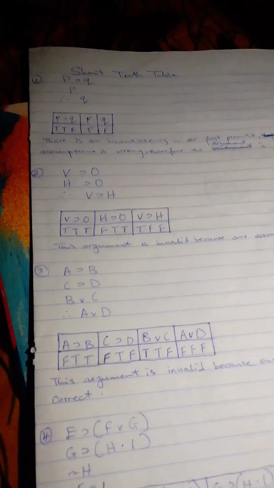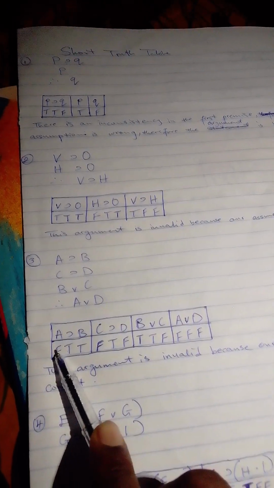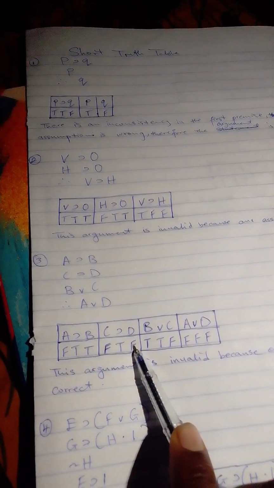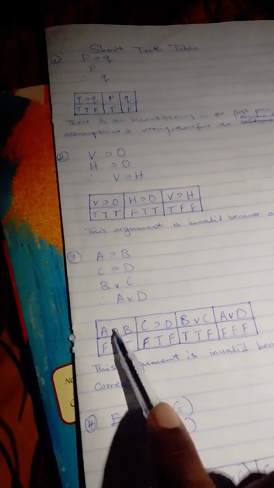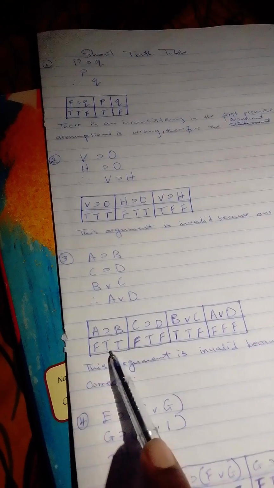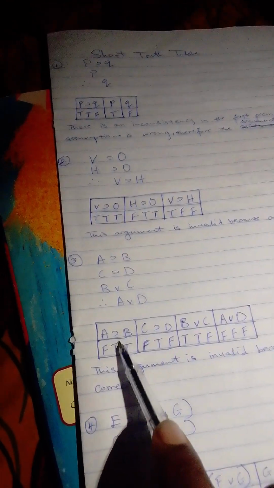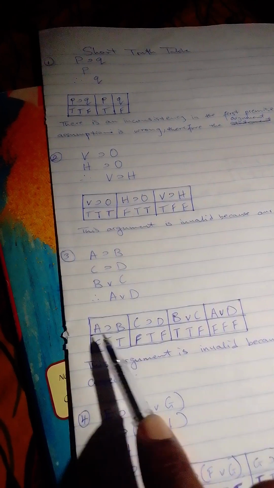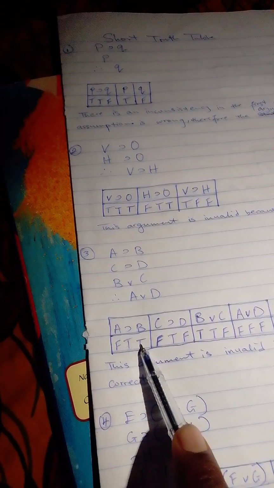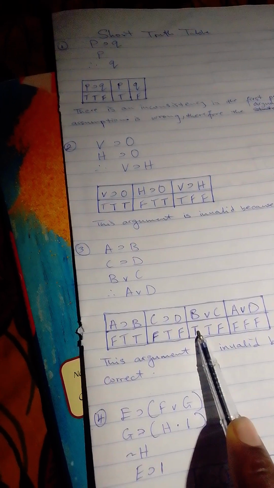So anywhere we see A, we add false. Anywhere we see D, we add false. Now in this first premise we have false already and we have true. For us to get true in a conditional, if here is false, we will still have true. So we assume here to be true because of here.